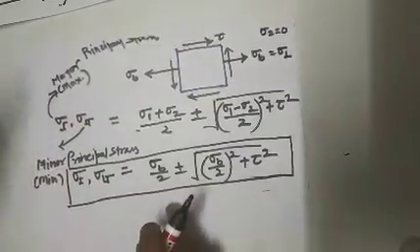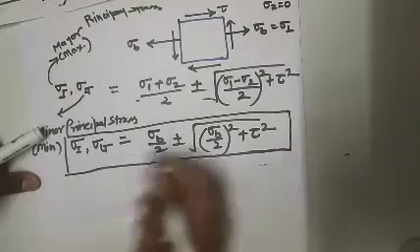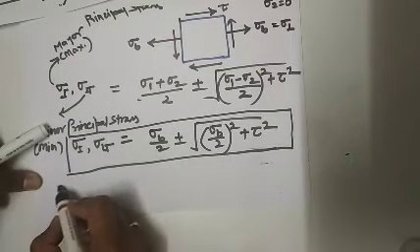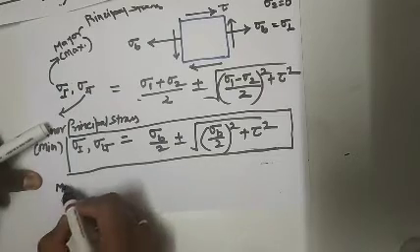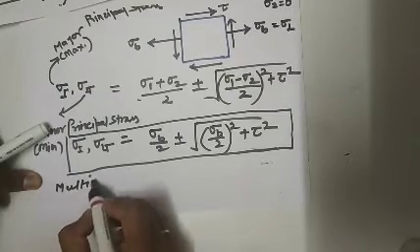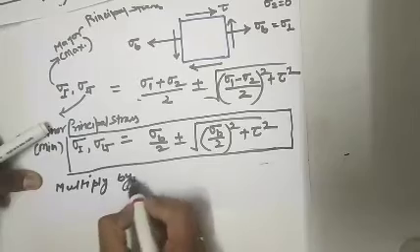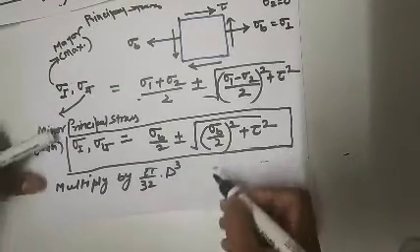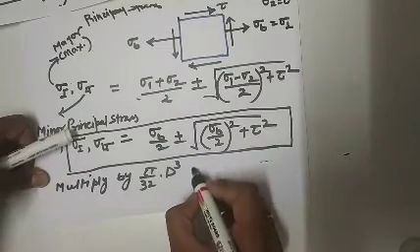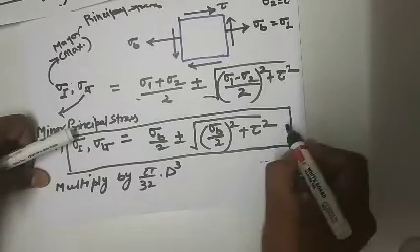Clear? Now multiply both sides by pi by 32 into d cube, where d is the diameter of the shaft. So this is equation 1.